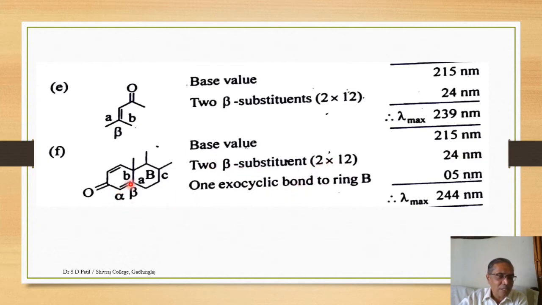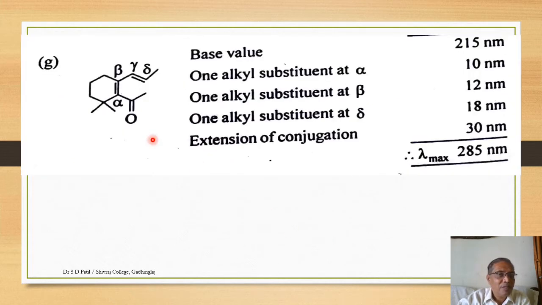When you consider this double bond and this is the alpha carbon, then you have two beta substituents, A and B. Then this double bond is exocyclic to ring B. Yes, this double bond is exocyclic to ring B. So the total comes to be 244 nanometers.